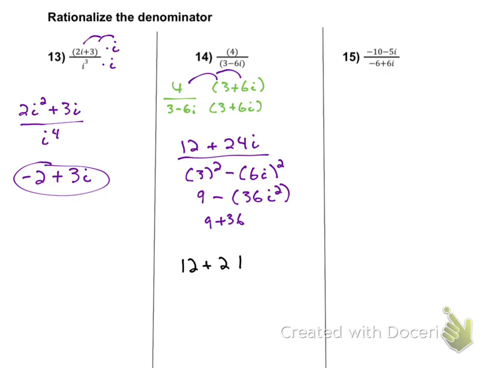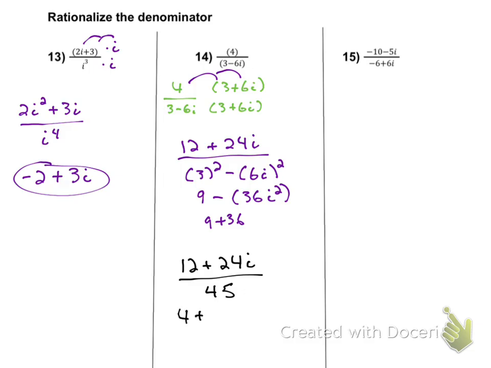All right, so that'll be 9 plus 36, which will give me 12 plus 24i over 45. And does that simplify? So you can divide all three by 3. 12 divided by 3 is 4.